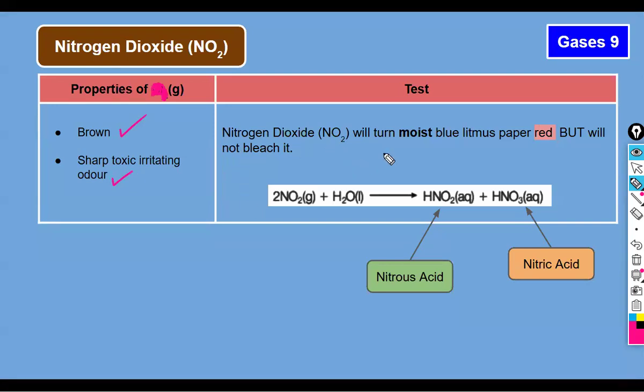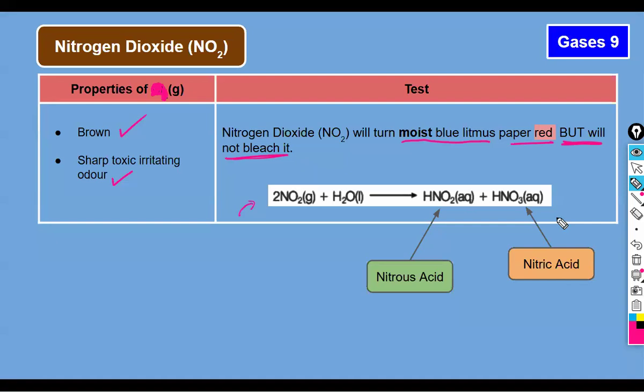What nitrogen dioxide will do, it will turn moist blue litmus paper red, just like chlorine, but it will not bleach it. So that's the main difference. It changes the paper, meaning that it's acidic in nature, but it does not bleach the paper afterwards. And this here is the reaction that you need to memorize for the exam, right?